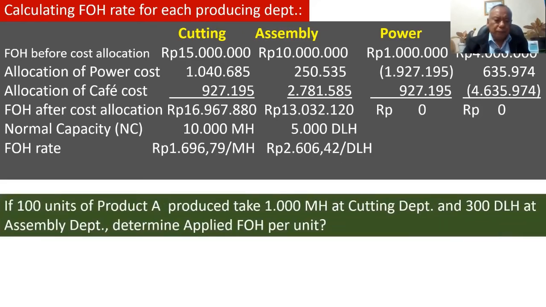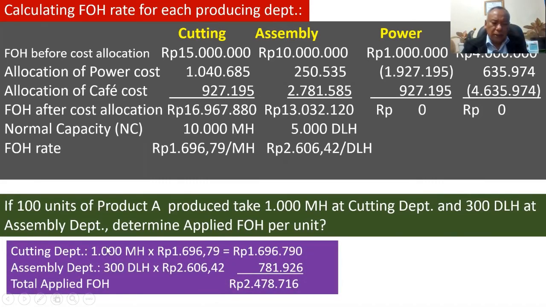And then using the same case, for example, the company produces 100 units of product A and takes 1,000 machine hours at the cutting department and 300 direct labor hours at the assembly department. So determine the applied factory overhead per unit. Based on this case, we can determine the factory overhead costs that we assign to product A by multiplying the actual capacity of the cutting department, in this case 1,000 machine hours, times the cutting rate, 1,696.79.